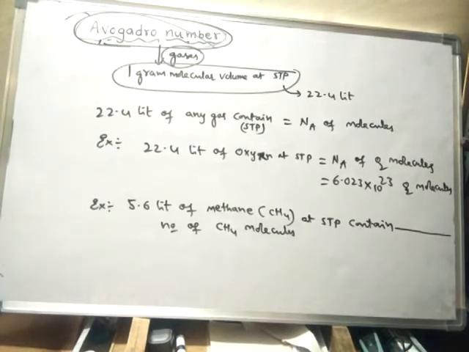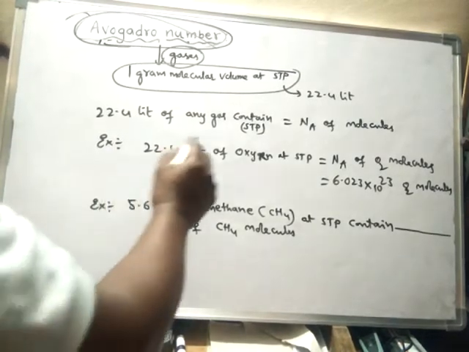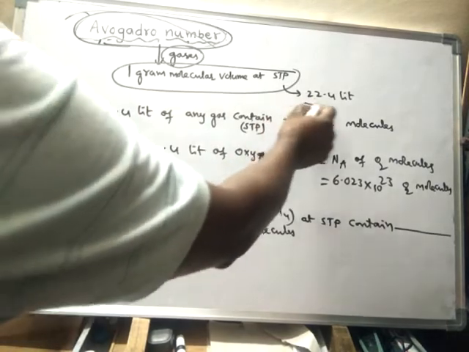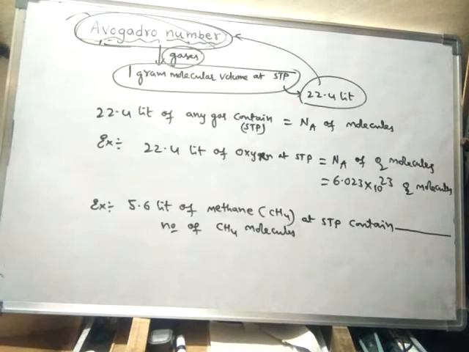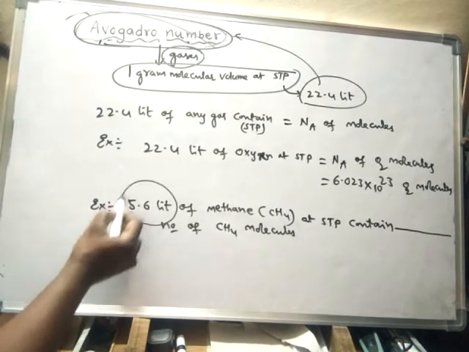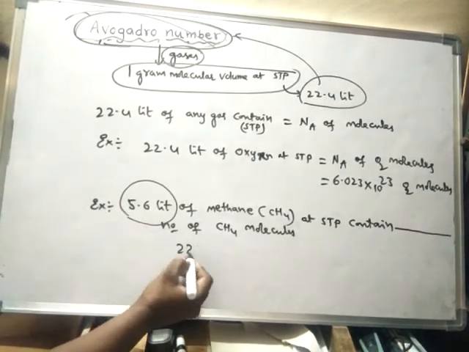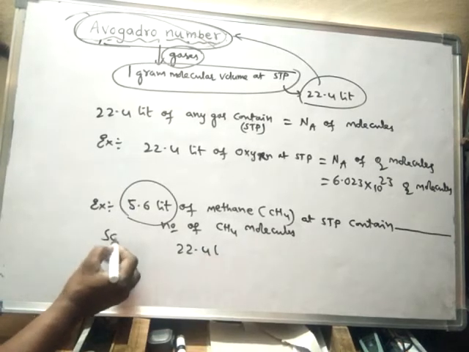See, already we know that 22.4 liters should contain Avogadro number at STP. So here how much? 5.6 liters. So, solution I am writing.